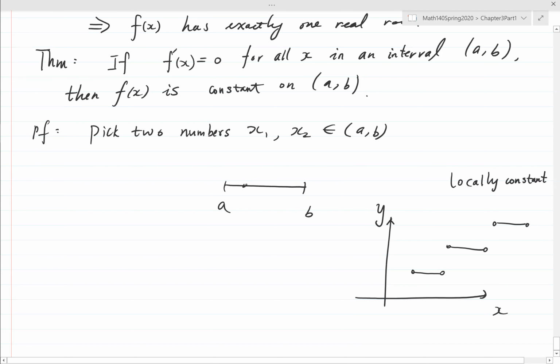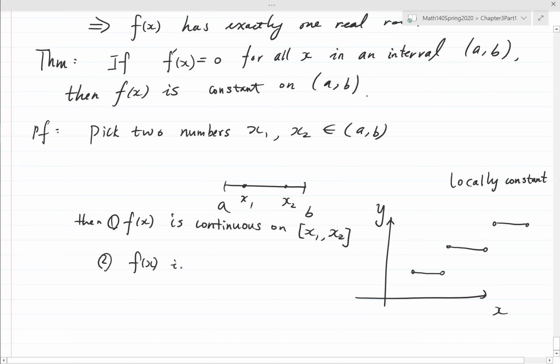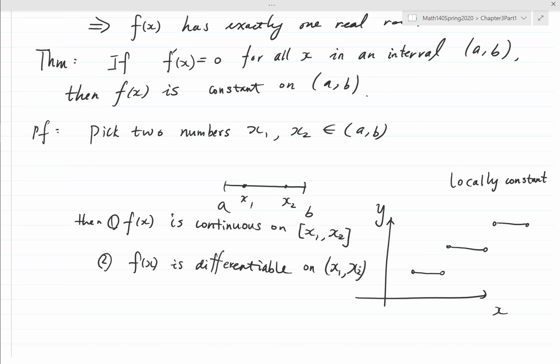We take 2 points x1, x2. Then we check f(x) is continuous on the closed interval x1 to x2. Second, f(x) is differentiable on the open interval x1 to x2, because it's actually differentiable on a larger interval a to b. So in particular, it's differentiable on x1 to x2.